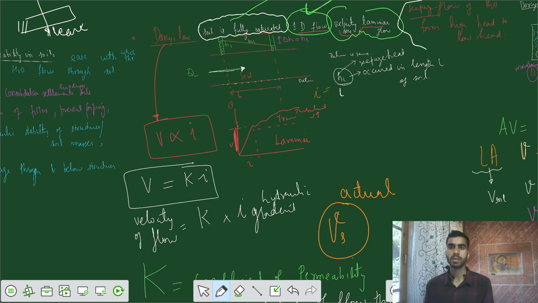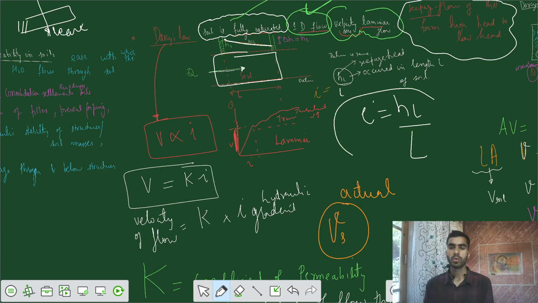So if I want flow to happen in the soil, it would be under some hydraulic gradient, i equals the head loss between the two sections divided by the total length of that section. That is your head loss per unit length. Based on that, Darcy's law says velocity is proportional to hydraulic gradient, and with the coefficient of permeability K, V equals Ki.